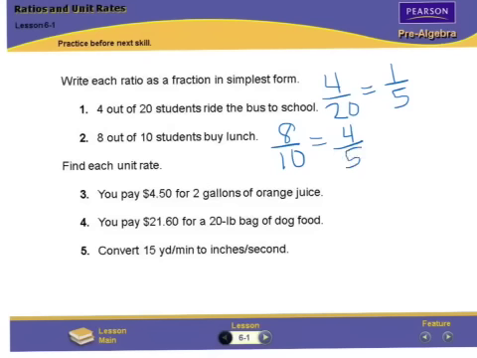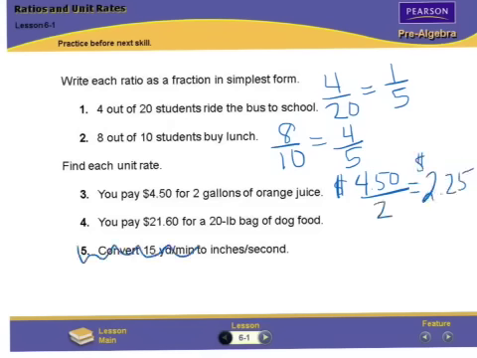And then here when we find the unit rate, what we'll need to do is divide. Remember to take the money, $4.50, and divide that by 2 gallons. And that gives us $2.25.